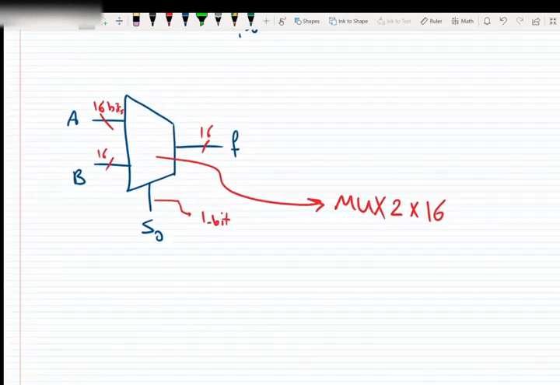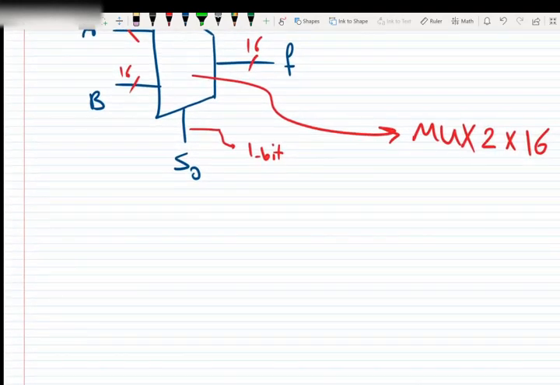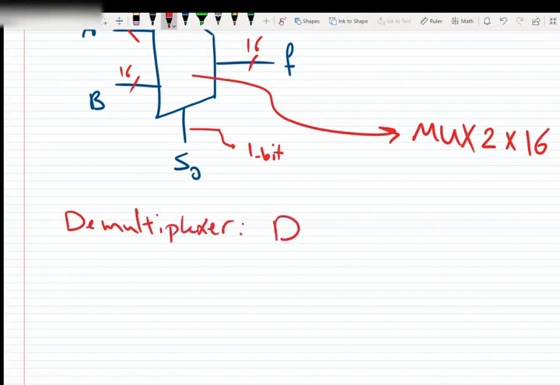Okay, so the next combinational circuit that I'm going to talk about is the demultiplexer, or Demux.